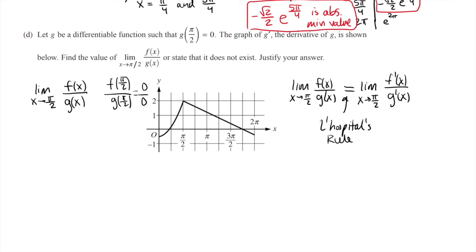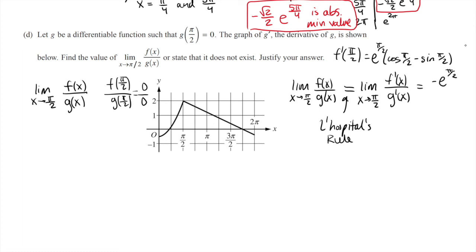If I try to plug it in, what's the derivative of f at pi over 2? Well, the derivative of f at pi over 2, that's going to be the e to the pi over 2 times, I believe it was cosine pi over 2 minus sine of pi over 2. Cosine of pi over 2 is 0, sine of pi over 2 is 1. So on the top, we've just got negative e to the pi over 2.